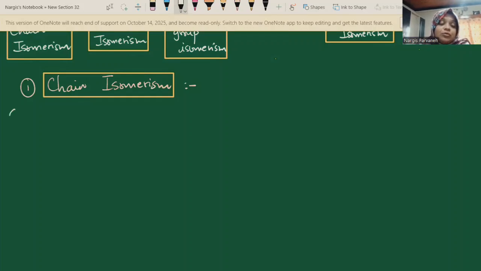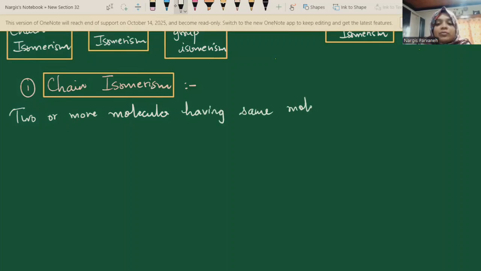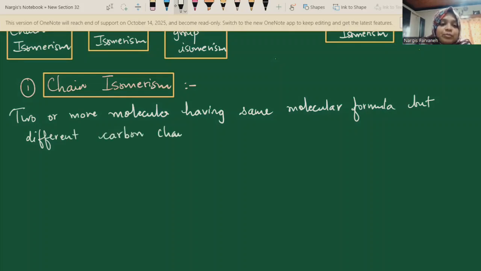So two or more molecules having the same molecular formula, of course, in all of them the molecular formula remains the same, but different carbon chain, or in many books the word carbon skeleton is also written.